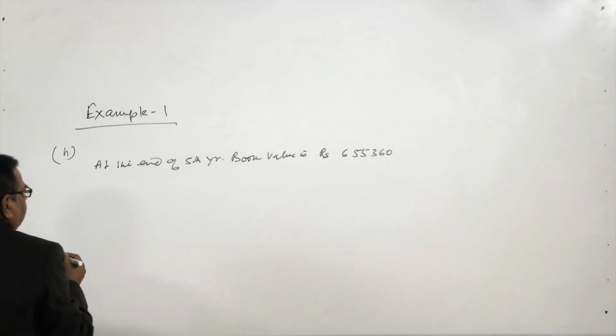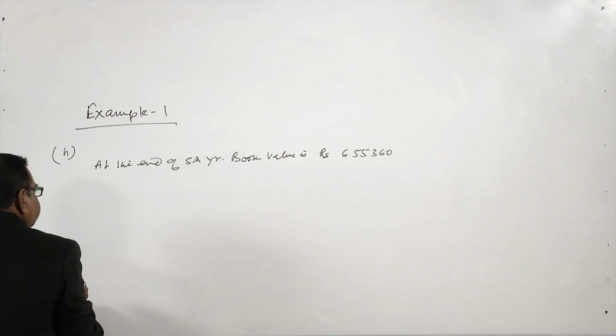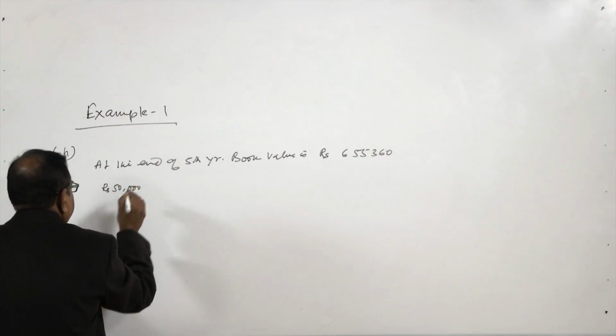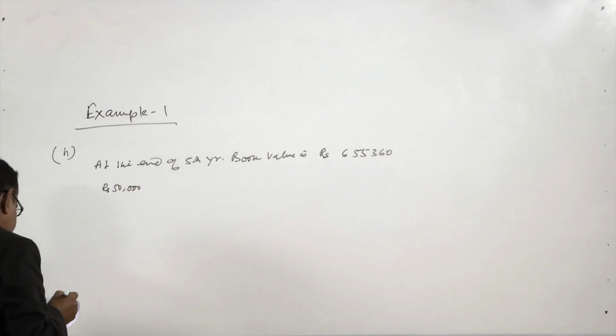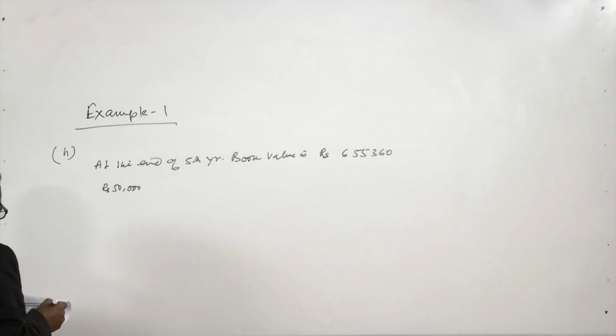Now, this book value needs to be depreciated to rupees 50,000, which is the salvage value, in 5 years using straight line method.